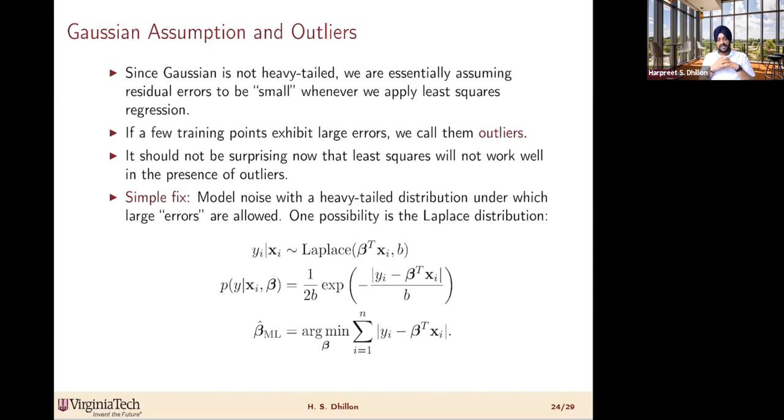And one possibility is a Laplace distribution whose PDF has this form. It is a heavy-tailed distribution, for which larger values can also occur, which means large errors can also occur.